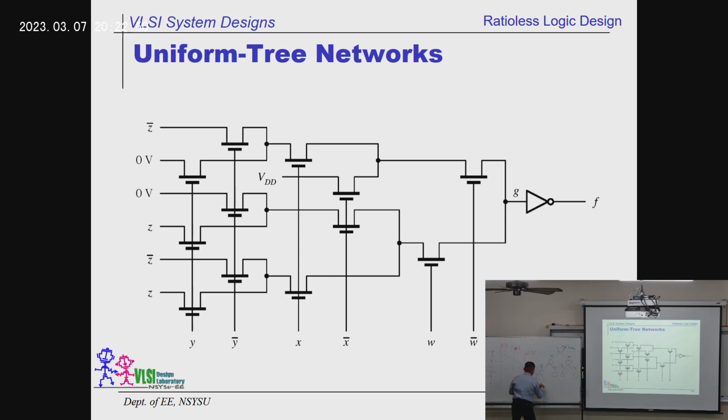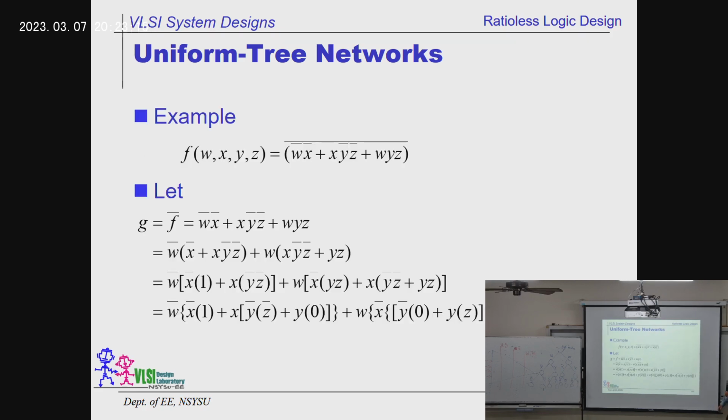And the last term is over here: Y bar, Y bar, Y bar, Y. So if we draw this tree, this binary diagram, we just follow this equation. We can find out what we need over here. So we need W bar, X bar, Y bar, we check that, okay?